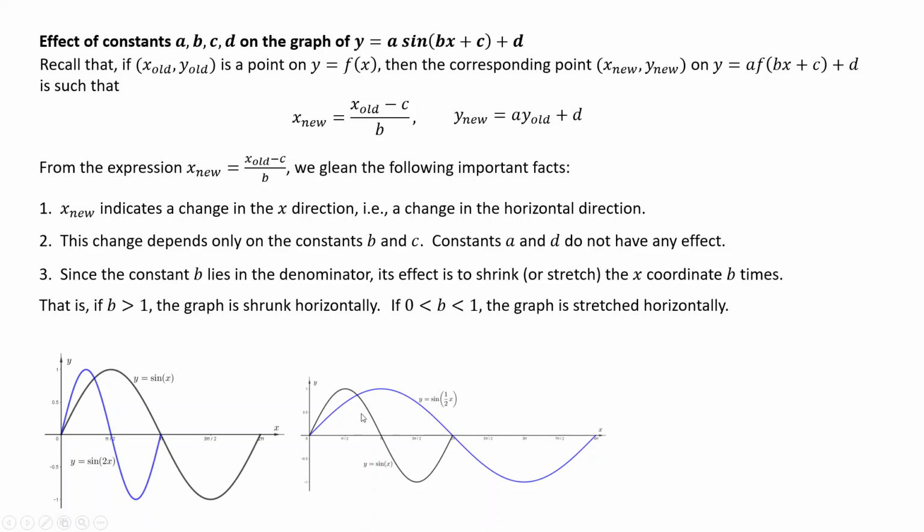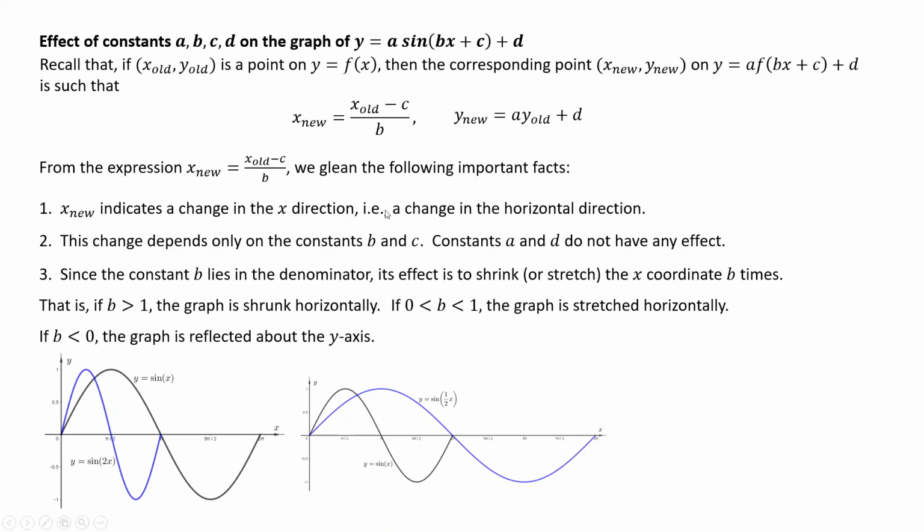Cool? And what else? If b is less than 0, what is the effect of b being less than 0? Let's say c is just 0, for simplicity. So what is x new? X old divided by b, right? Now, can you guess as to what would happen if b were to be negative? Let's say -1.